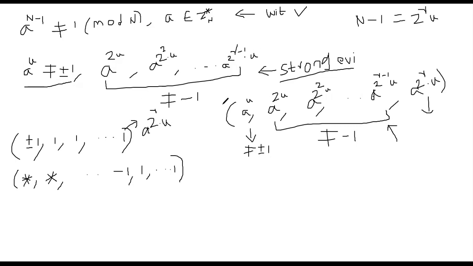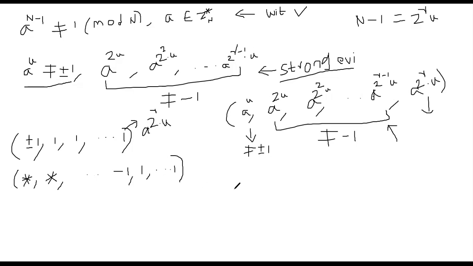Okay, so if we have an element which is not satisfying the first property here, that means it will not be a witness. Okay, now let's consider the second case. At some point it has become minus 1, right? And even when it is becoming minus 1, when you square it, it will become 1. The next term will become 1, which again tells us that the last element in the sequence will end with 1. Okay, so what did we learn so far?